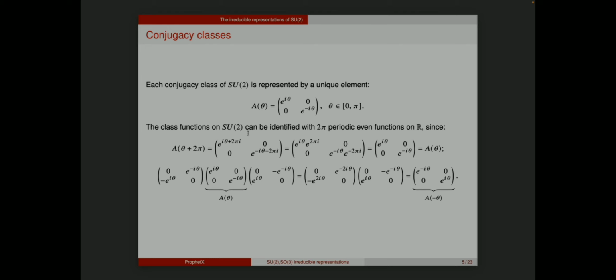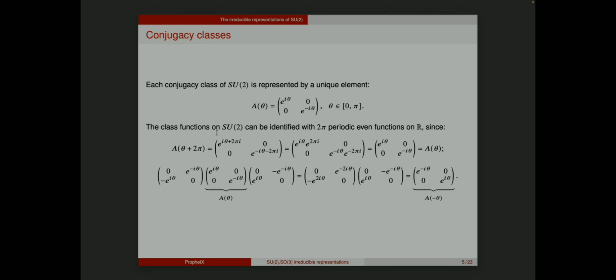If we know the characters of the irreducible representations, we know everything. But the characters are constant on conjugacy classes, since they are class functions, and then we're interested in these conjugacy classes. And then the conjugacy classes are given as here. This is rather clear geometrically, but there's going to be a detailed proof in the handout if you're interested.